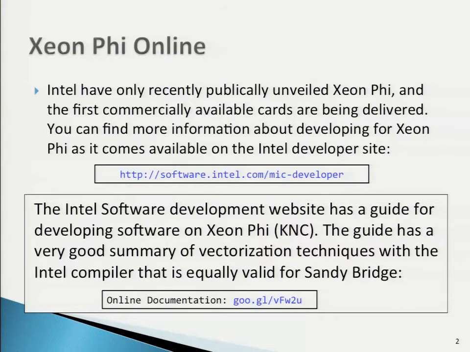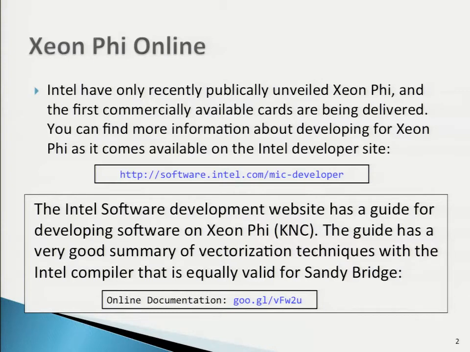Before we start, it was only publicly unveiled at the Supercomputing conference in November, so about a month ago. And the first commercially available cards are being delivered out to sites like us at the moment. So Intel hasn't been letting too much information out into the public domain.